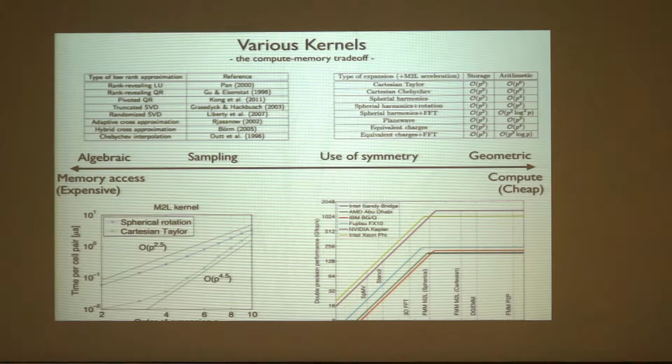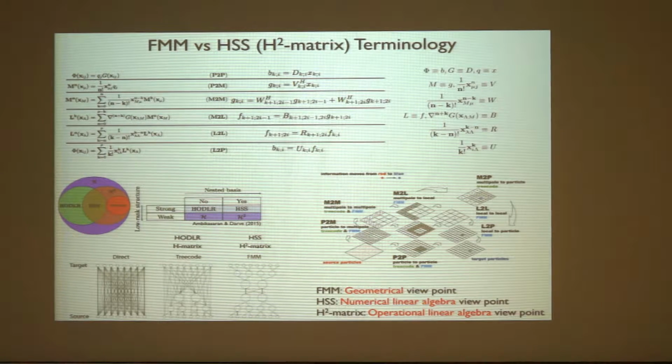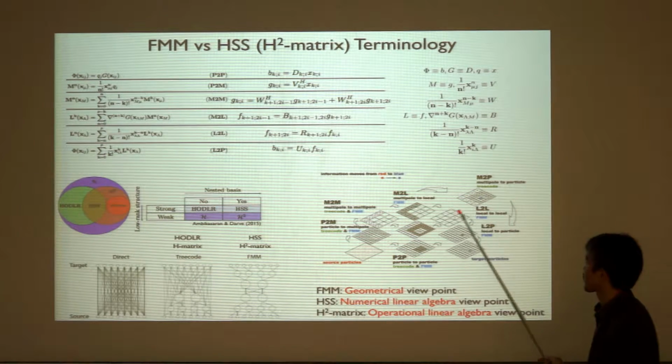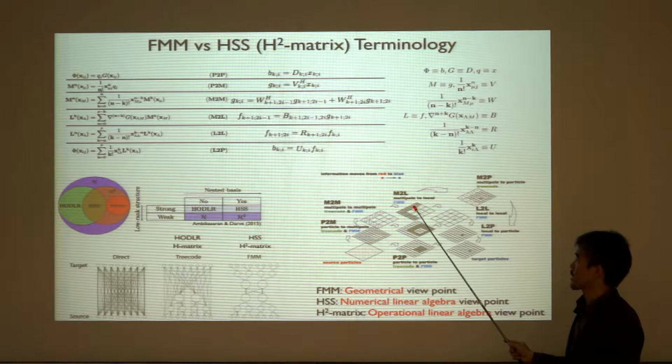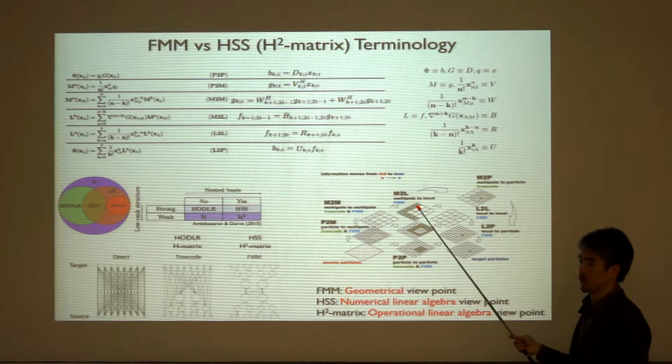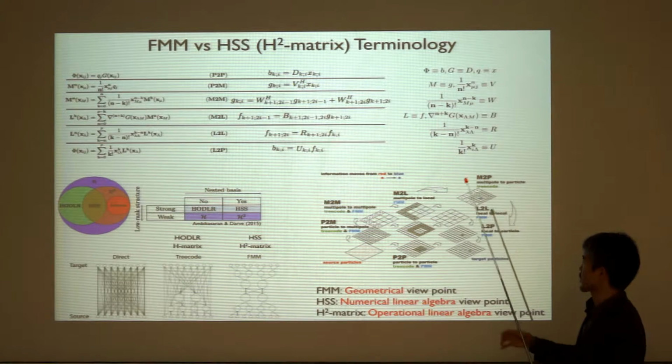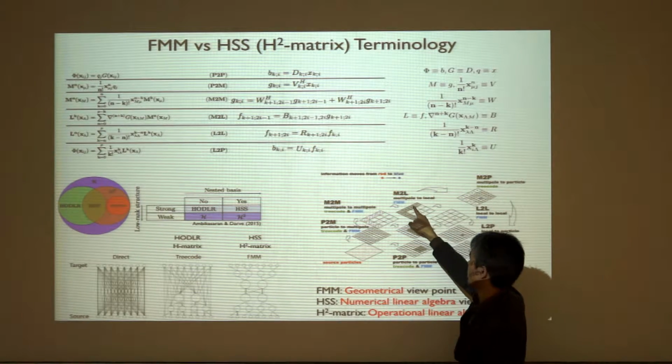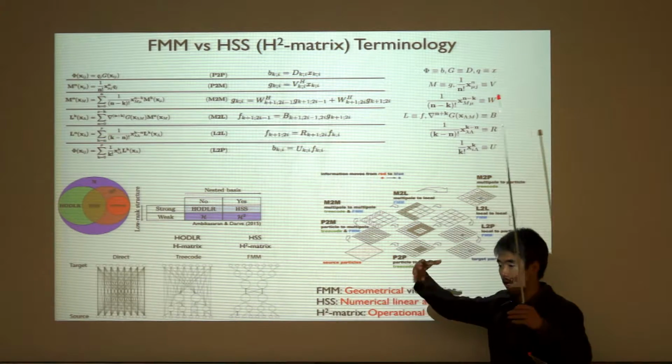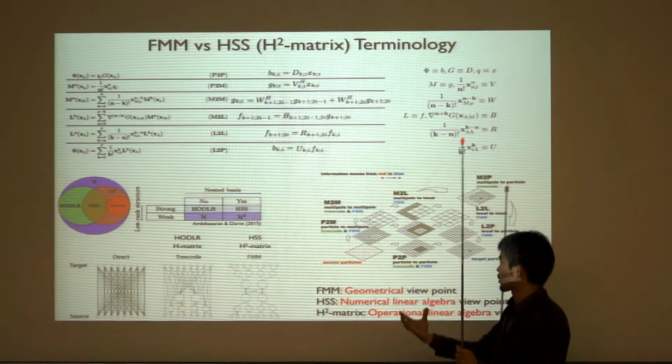So inside the center of the box, you have the multipole expansion. But the equivalent charges actually place the points on the edges of this box. So it's actually outside the box a little bit.